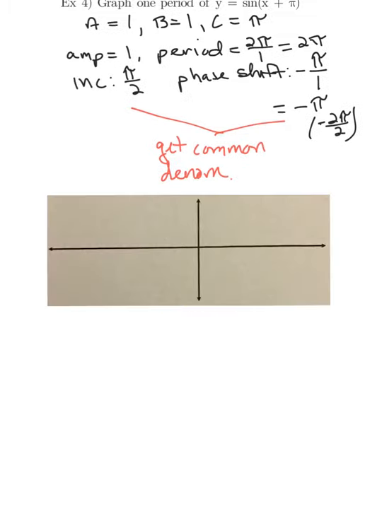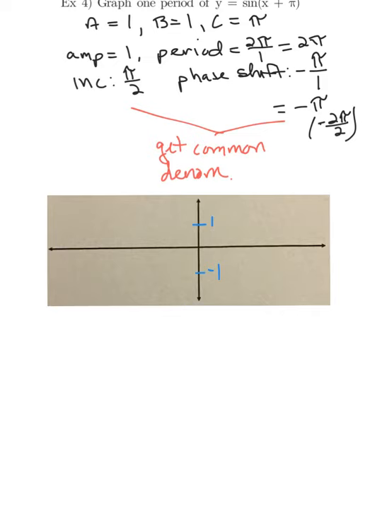Now that we have all of the parts found, we can go ahead and start putting everything together and create our graph. We know the amplitude is 1, so our labels on the vertical axis are going to be 1 and negative 1. Don't worry about period until after you've actually completed your graph. Use your increments and your phase shift to start putting the graph into position.